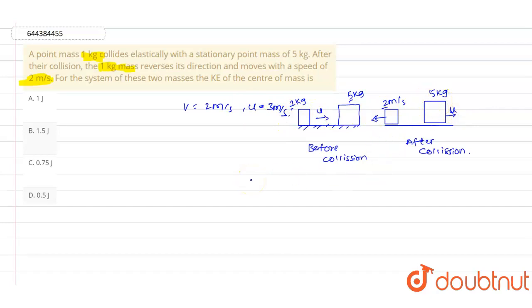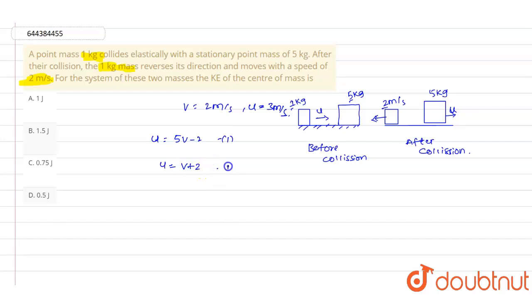So according to the given figure, by conservation of linear momentum, u value will be equals to 5v minus 2. Let us suppose this as equation number 1, and by Newton's experimental law of collision, u will be equals to v plus 2.